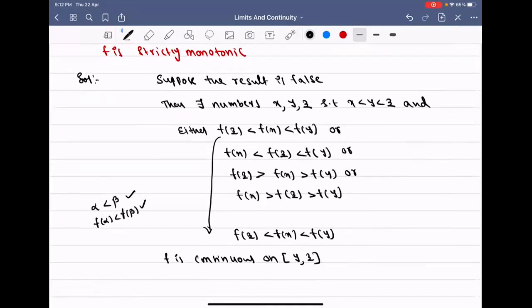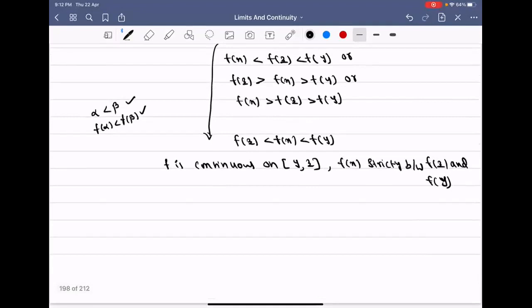So if f is continuous on [y, z], then f(x) is strictly between f(z) and f(y).